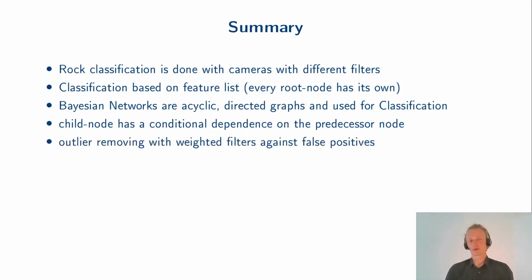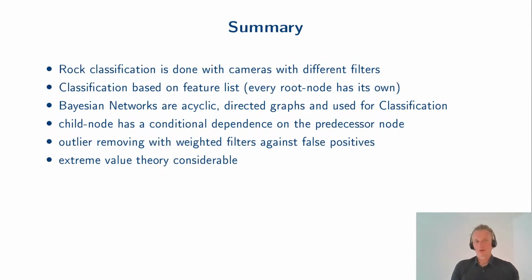Outlier removal is done with weighted filters against false positives. So we're assuming that we are having a normally distributed world. Extreme value theory should be considered on the other hand, so that we are taking a look at the tails of our distributions for finding possible new interesting data.